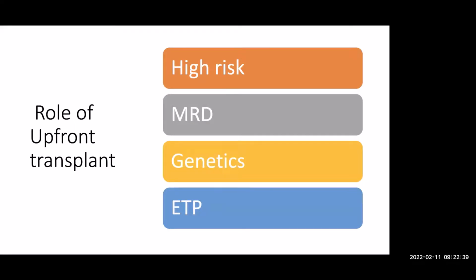Coming to the role of transplant in newly diagnosed T-cell acute lymphoblastic leukemia, we can go through it based on conventional high risk features, based on MRD, based on genetics, and based on ETP-ALL.